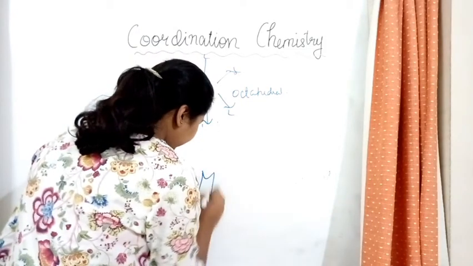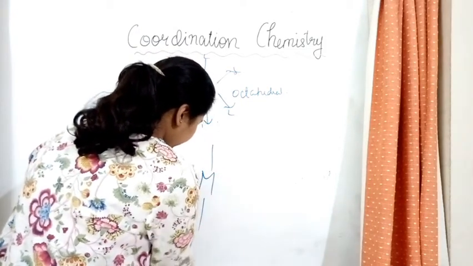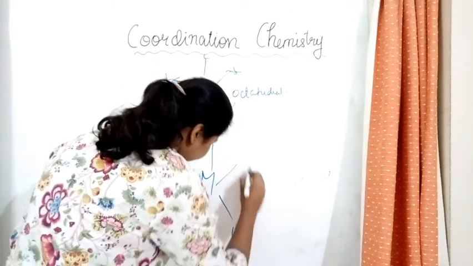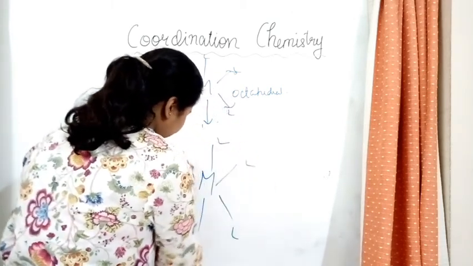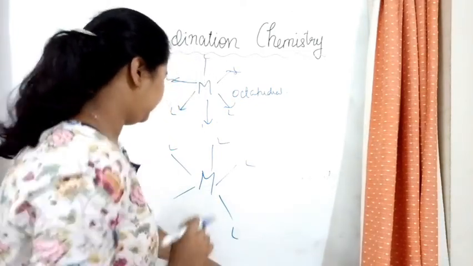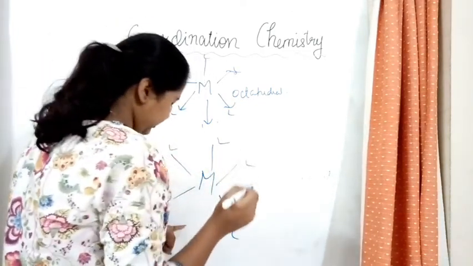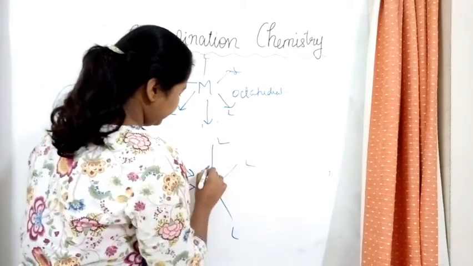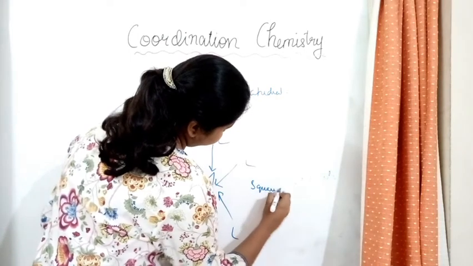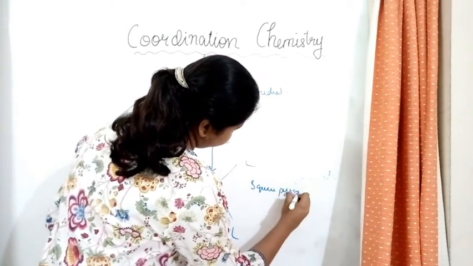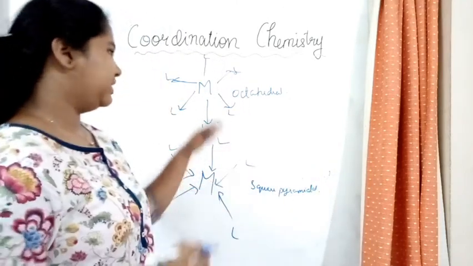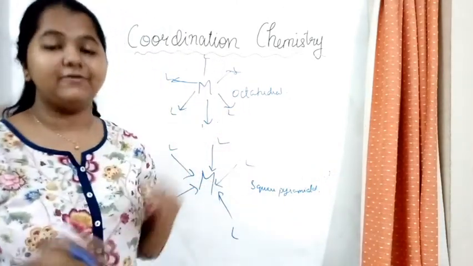There is the metal and the ligands. This is the square pyramid. So these are some examples of coordination polyhedra.